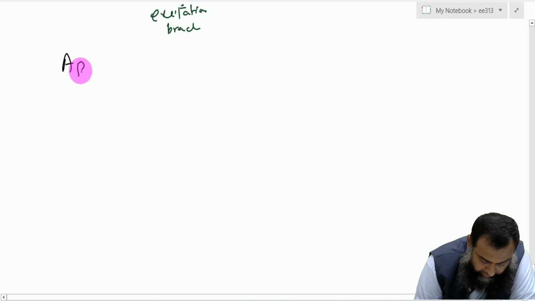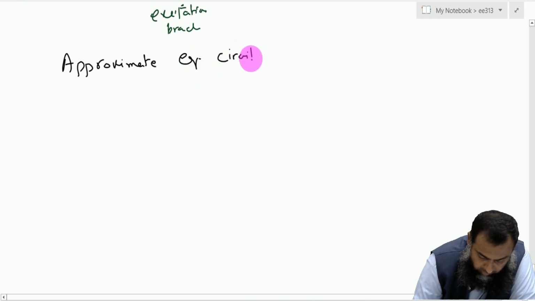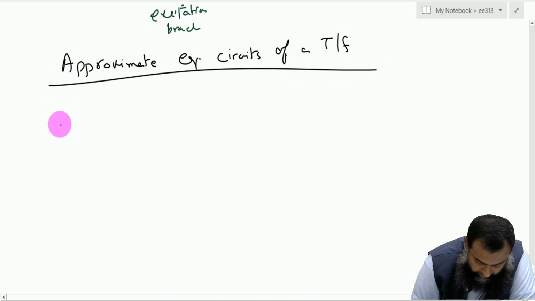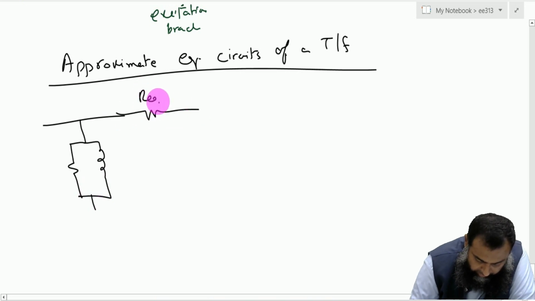So let us write this as approximate equivalent circuits of a transformer. So we have the excitation branch here, and right after that we have an R equivalent, and we have the jX equivalent here, right?